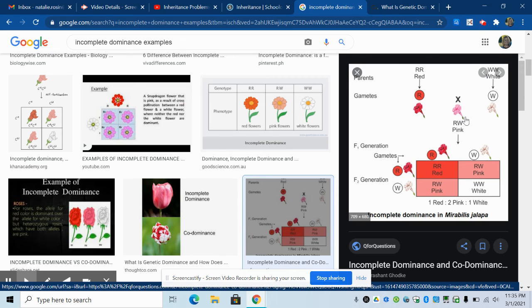When they cross in the F1 generation, you get all pink flowers, so all RWs. And then you cross the F1 generation, the heterozygotes, which would be RW, so your pink flowers, in order to get your F2 generation, and you will see that the outcome is the same. So basically, they're writing it the exact same, just without the C's as a base.